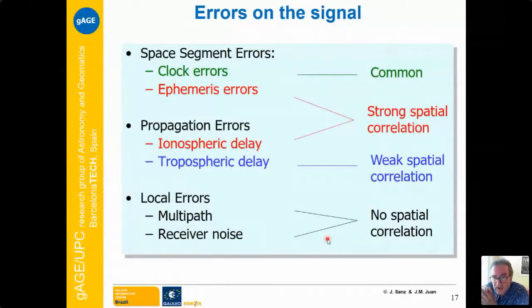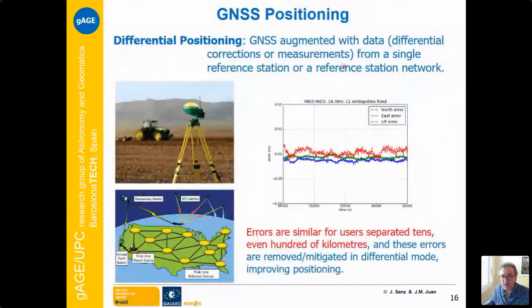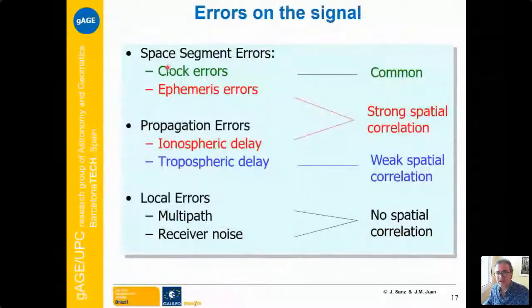Here we have the errors on the signal. We have errors on clocks. Errors on clocks are common, are the same. The same satellite clock offsets are seen by the reference station and the user. They see the same errors. Orbit errors, ephemeris errors.